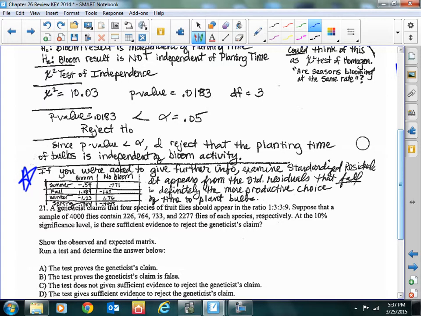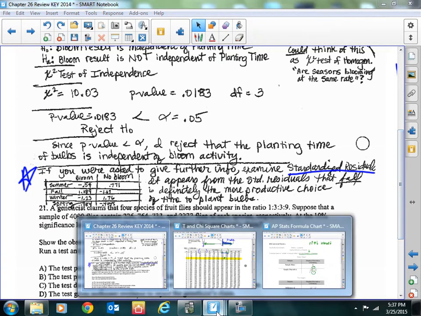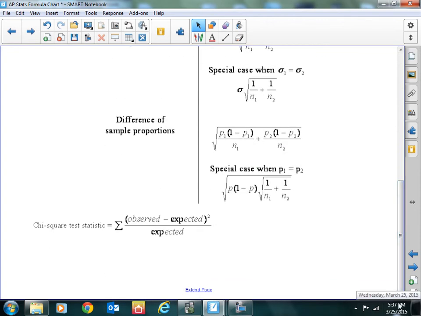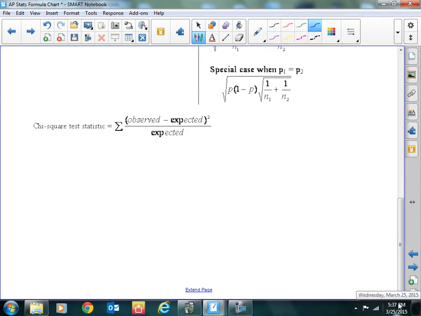If you were asked to give further information as to what maybe contributed most to your rejection, don't forget that the way to handle that is by doing the standardized residuals. Standardized residuals come from the unsquared chi-squared test statistic.